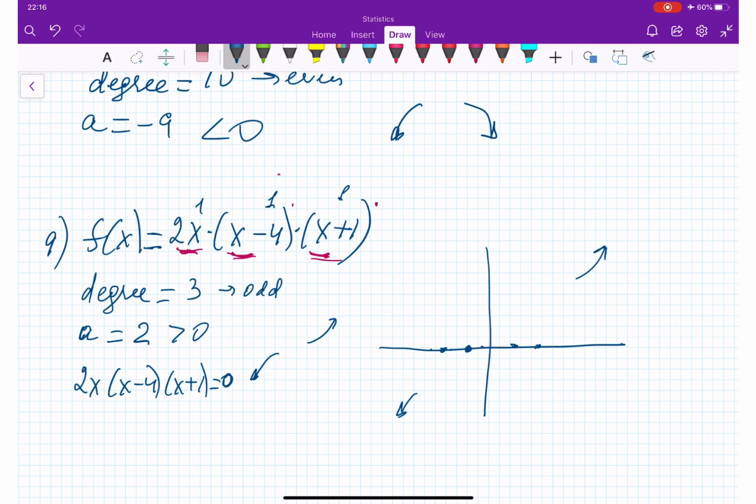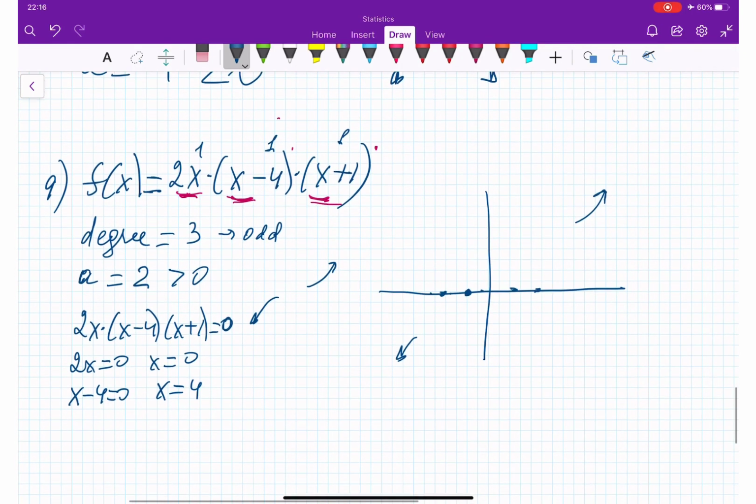So if I assign it equal to 0, then it's going to be either 2x is equal to 0, where x is equal to 0, or x minus 4 equals 0, where x is equal to 4, or x plus 1 is equal to 0, where x is equal to negative 1.